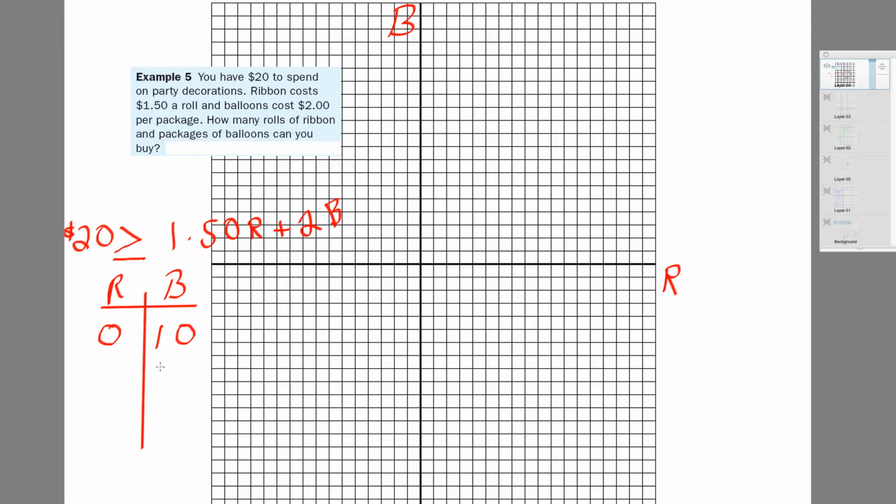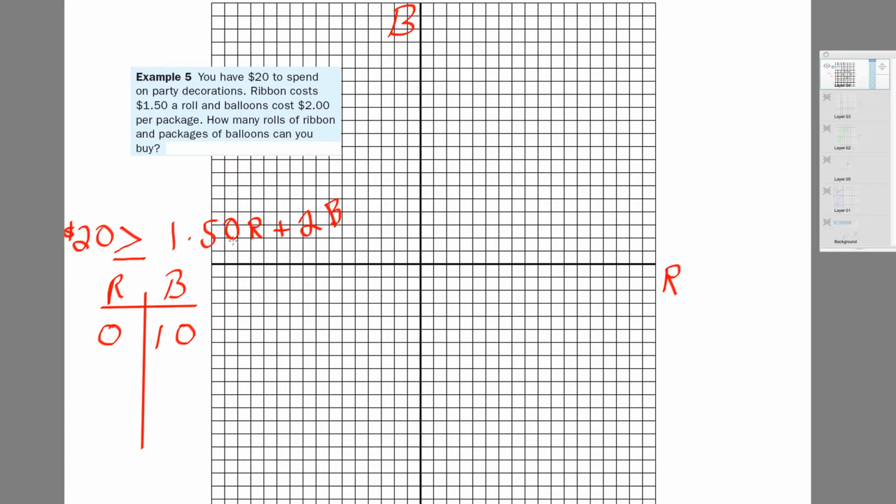I know 150 times 2 is going to be $3, right? Well, that won't work because this is going to be some even amount. So how about times 4? So I'm going to make 4 of these.